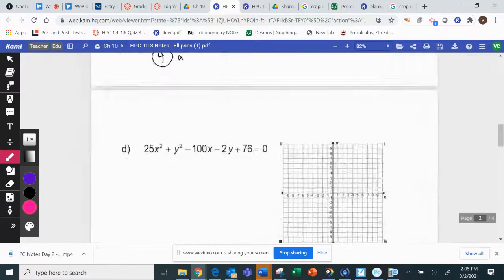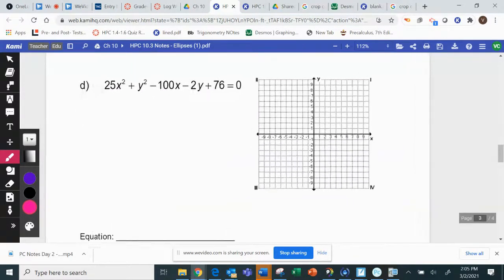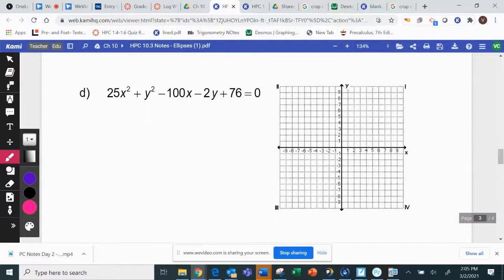Okay. So I'm just going to go over this again, just in case you need it. I'm going to rearrange it so I put all my x's together. If you don't need my help on this, you can keep finishing it. You can even work ahead if you want.